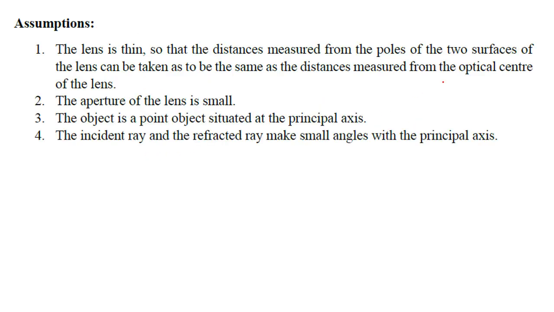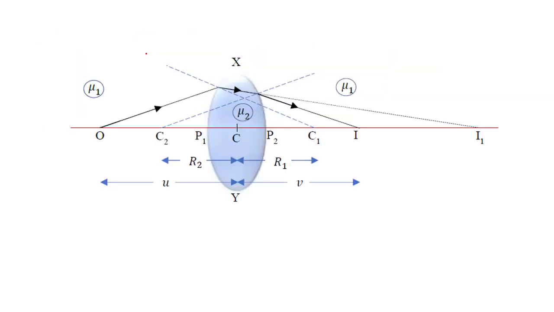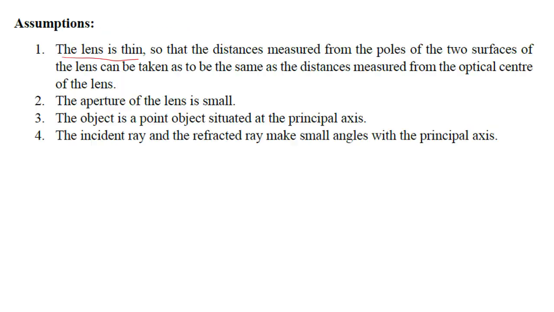Okay. Let's go to the assumptions. We consider a thin lens. Since it is thin, in the drawing we draw a thick lens, but we have to consider a thin lens. If we consider a thin lens, the distance measured from the poles of the two surfaces of the lens can be taken to be the same as the distance measured from the optical center of the lens.